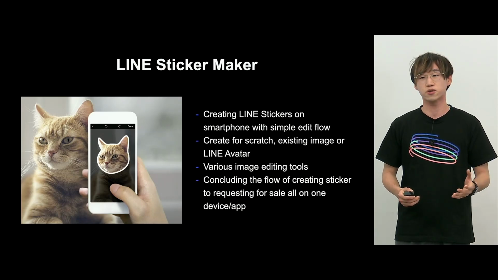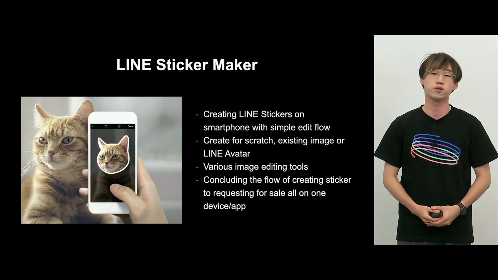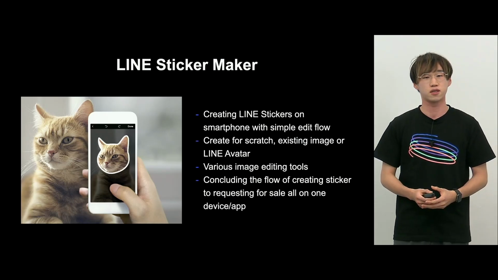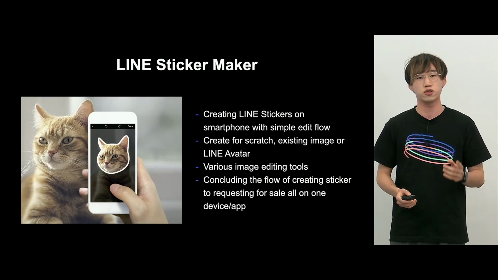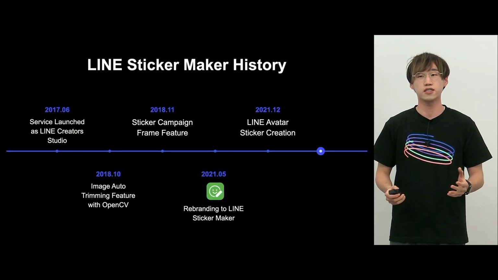So Line Stamp is a service where users can make the stamp and stickers very casually, and various editor tools are available in the app. So from the creation to sales, all of the processes can be completed in a single app.